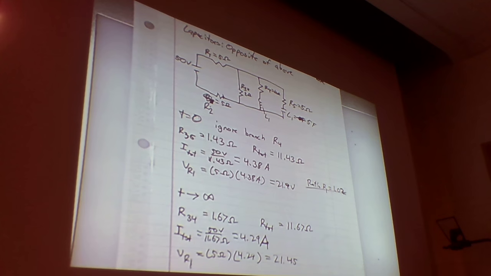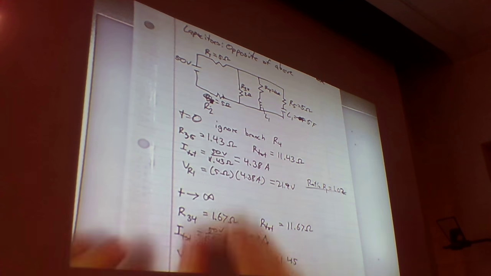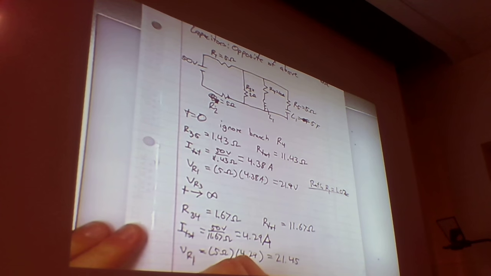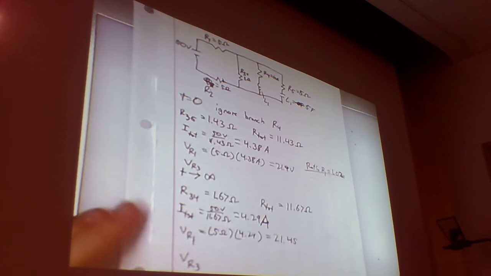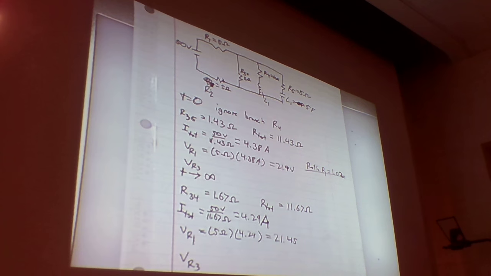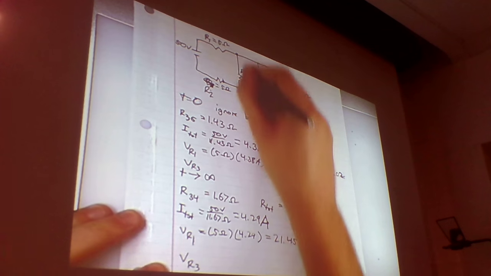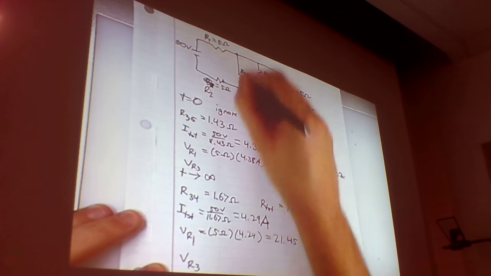So now we need to find our voltage from R3. So we're doing R3 instead of R2. Okay. So what you're going to want to do is a lot like we did in class today. You're going to want to find the voltage at this point and at this point.